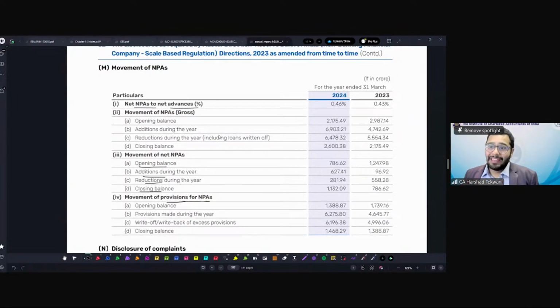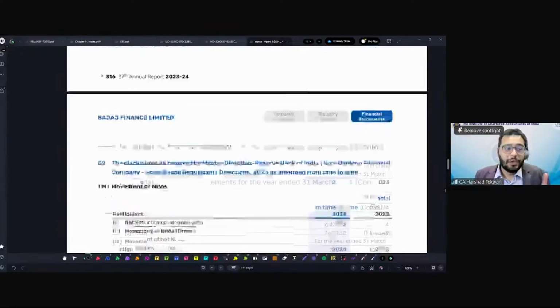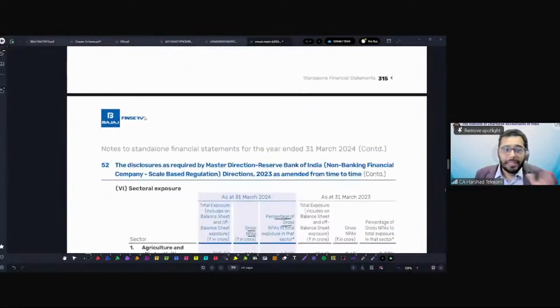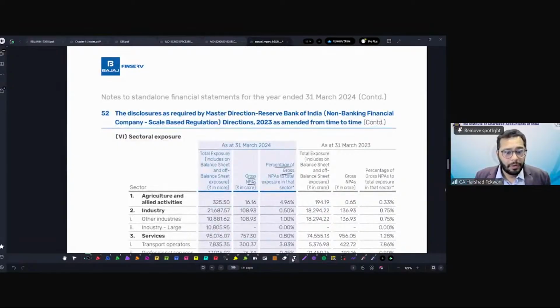Once I classify a particular asset as an NPA, I am required to make provisions. If tomorrow suddenly I say NPA is 90 days, it will shoot up, and this provision will also shoot up, because my NPA number increased, so my provision number will also increase. So these are certain NPA disclosures that the NBFC is required to make in the financial statements as per the master regulation. Again, see this.